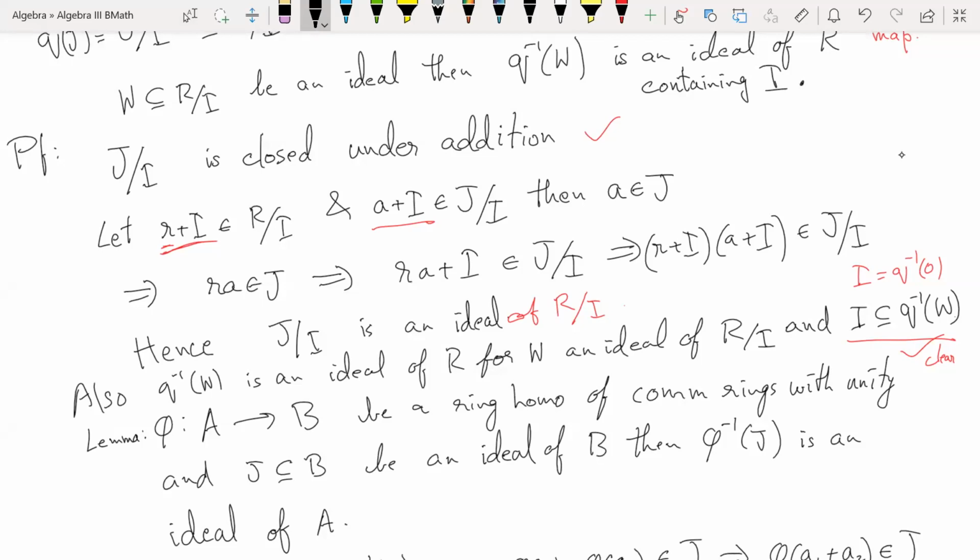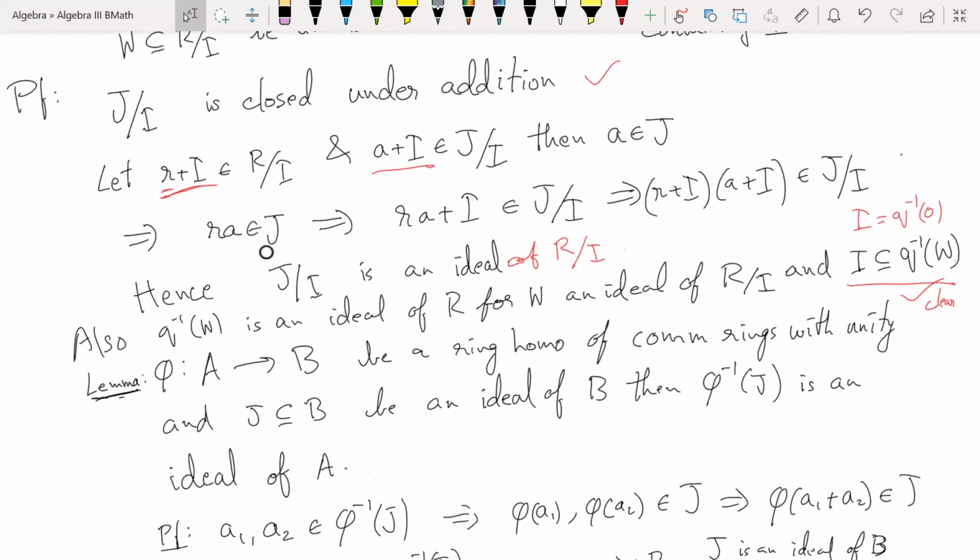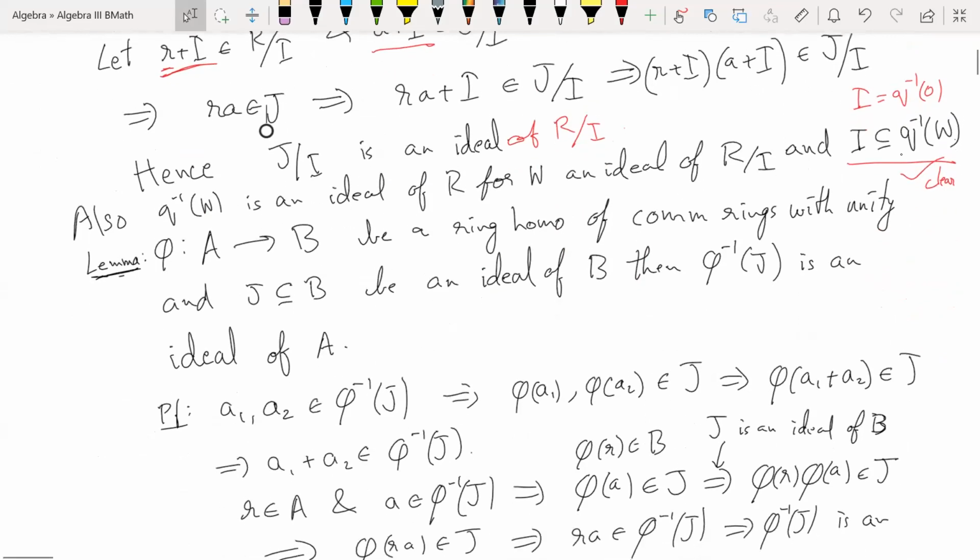It's actually a surjective ring homomorphism, but surjectivity is not important to say Q inverse W is an ideal of R. We only need to know that it's a ring homomorphism. And from there we can deduce that Q inverse W is an ideal. So it's a direct consequence of this lemma. We'll use this statement many times, so that's why I've isolated this statement separately. It works for any ring homomorphism.